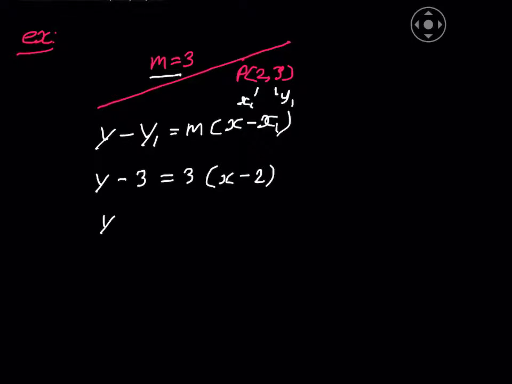Then you can take the negative 3 to the other side and distribute: 3 times x is 3x, and 3 times negative 2 is negative 6, plus 3. Therefore the equation is y equals 3x minus 3. So this is the equation of this line.